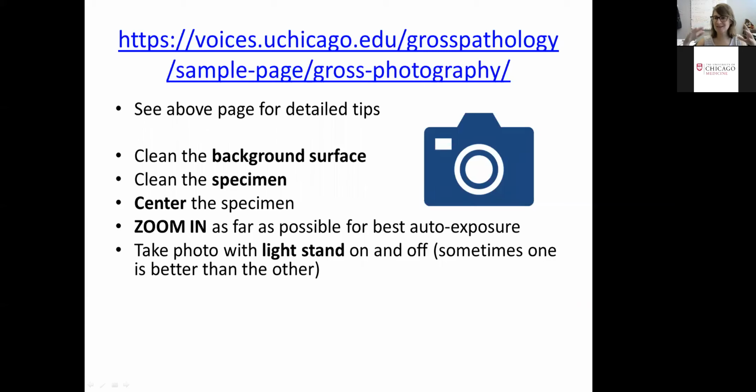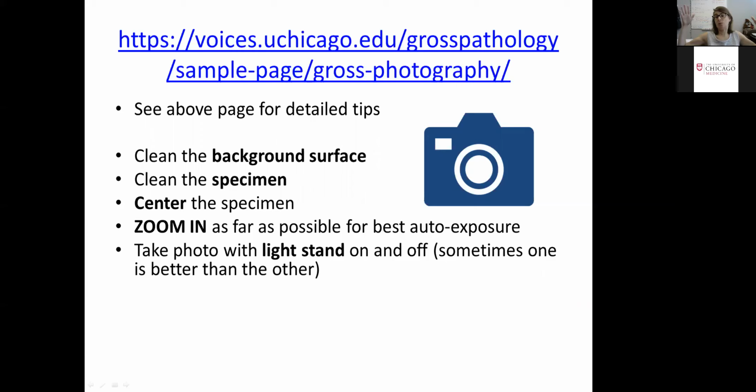We can't adjust the settings too much, and it auto exposes. So when you're way out here, it doesn't appropriately evaluate the tissue, so zoom in as far as you possibly can. If you don't get the whole ruler in, that's okay. Just push the ruler into the edge so we can see the numbers. But don't worry about, oh, I need to get the whole ruler and sacrifice the specimen.